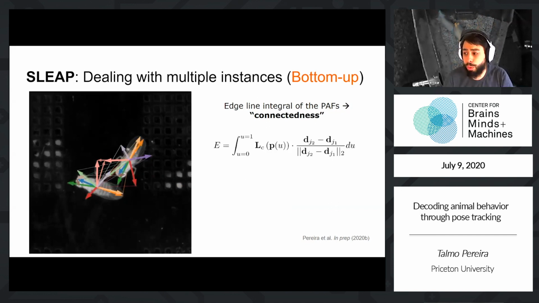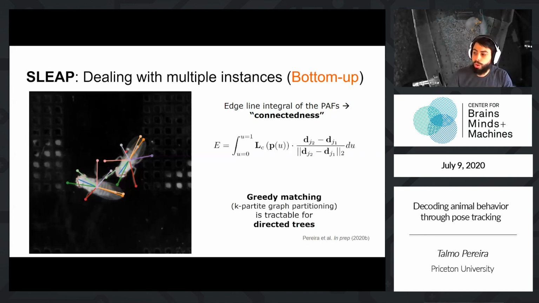If we do this for every connection, and I'm showing you here all the possible pairwise candidates, it might look a little bit like this. And what you might be able to see if you start squinting is that there are clearly some very weak connections and some very strong ones. So with a greedy matching algorithm, under the assumption that this is a directed tree, we can actually find a globally optimal solution using greedy matching locally. So by resolving all of those errors, we'll get something that looks like this.